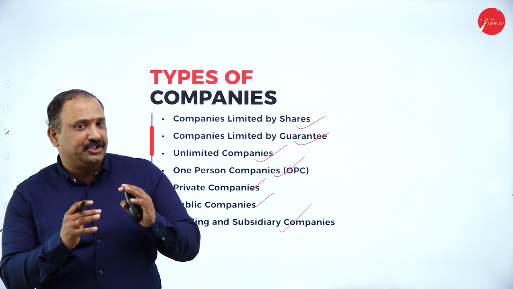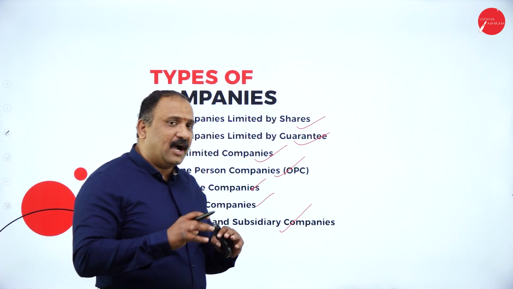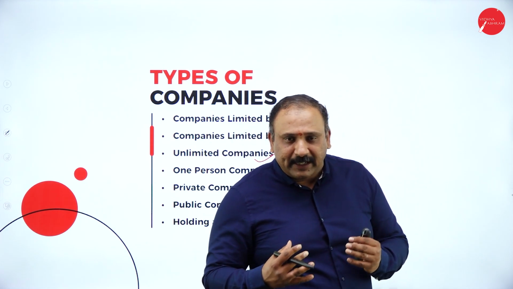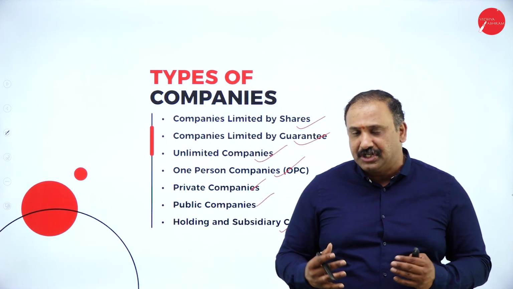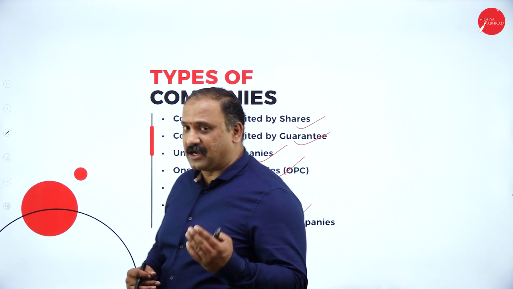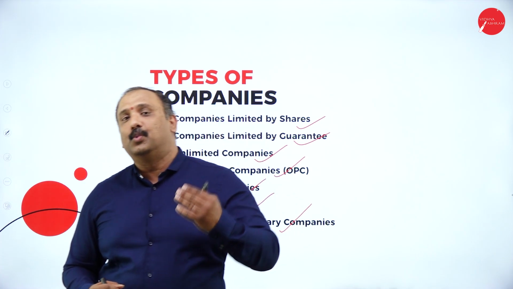Now, the main challenge here is that people always get confused with the factor that a company is a company at the end of the day. But why do we bring in so much distinction, so much bifurcation in terms of understanding a company? It's because of the nature of the company under which it is built.